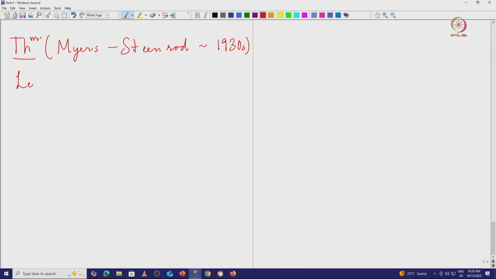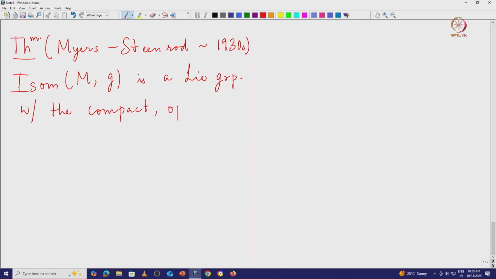So this says that if (M, g) is a Riemannian manifold, then the isometry group is a Lie group, where the topology on the isometry group is the so called compact open topology.